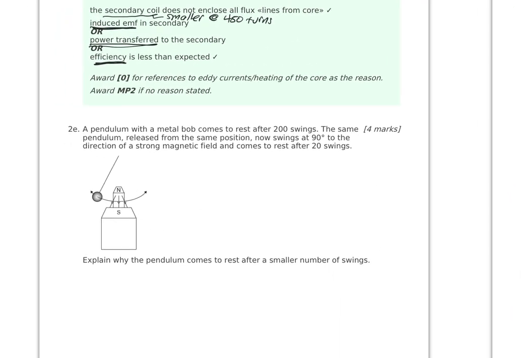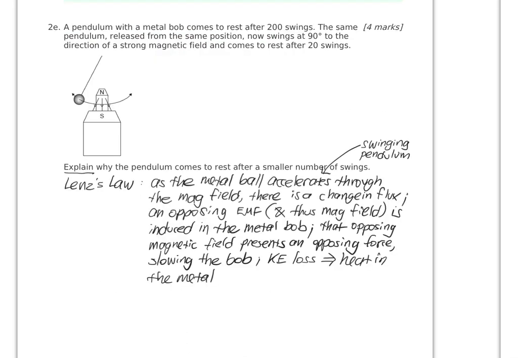All right, 2E, what's this about? The bob slows down because of Lenz's law. The metal bob accelerates through the magnetic field, so there's a change in flux. Faraday's law says that there's going to be an EMF produced in that bob itself since it's made of metal. Lenz's law says it makes an EMF in the other direction, so an opposing magnetic field.